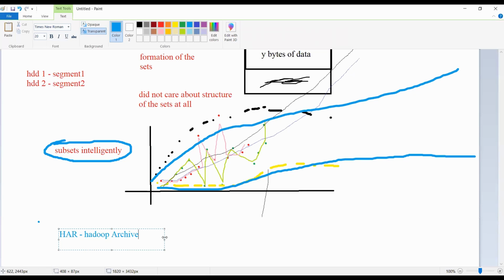In HAR, Hadoop was trying to take a lot of small files and put them together. In the redundancy sets, instead of breaking one file into multiple smaller parts, it was taking multiple files and putting them in a redundancy set. It was a batch processing kind of thing, running MapReduce on that. Okay, so that is what HAR was.